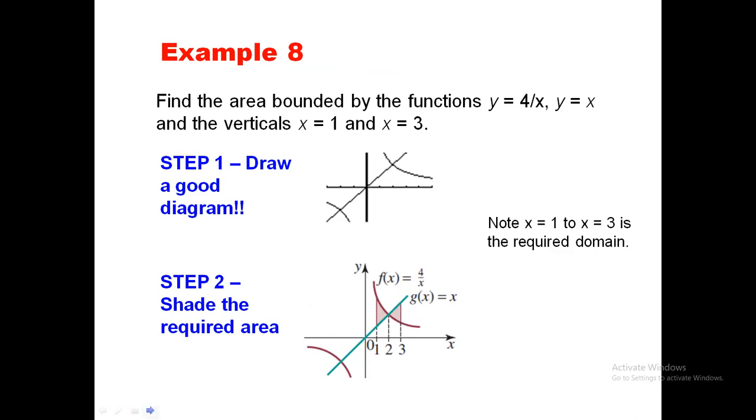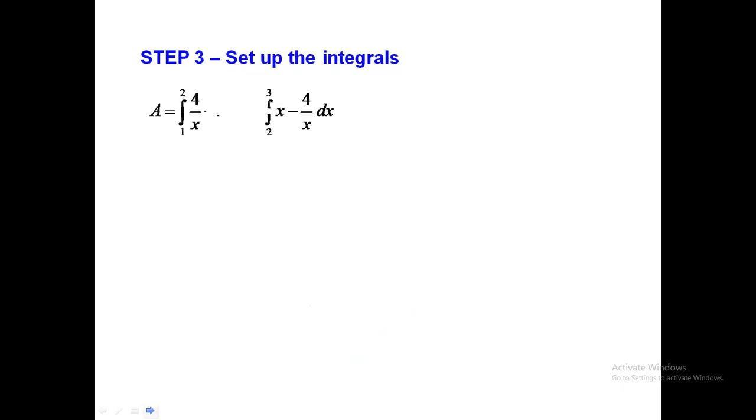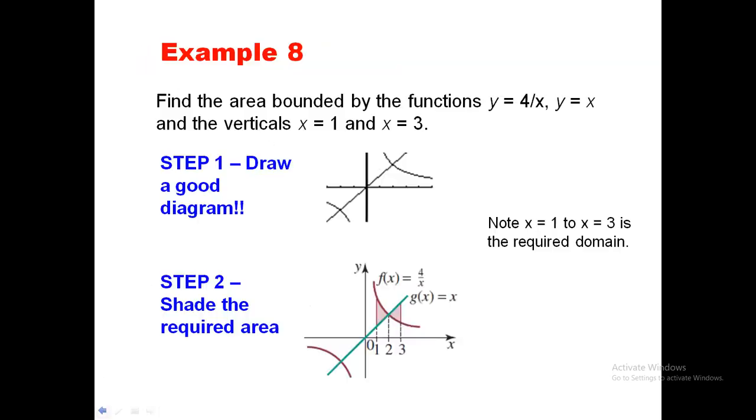So in the two separate sections, the boundaries are the negative of each other. You have this 4 over x minus x. Here it's x minus 4 over x. The limit here is 1 to 2. In here it's 2 to 3. 1 to 2, 2 to 3.